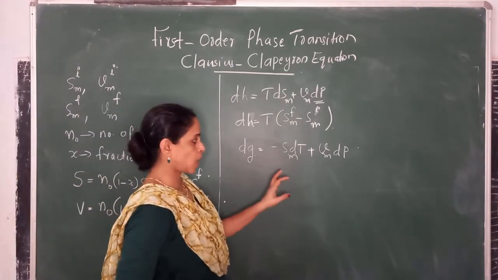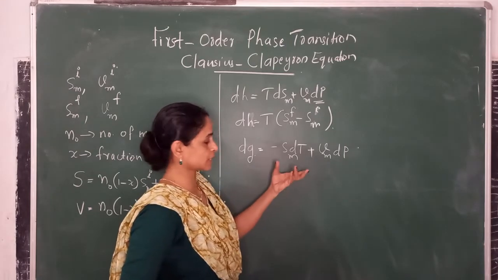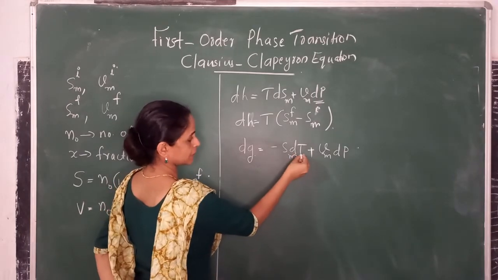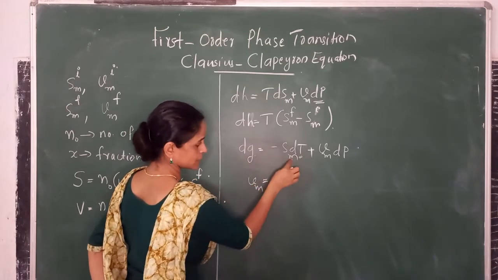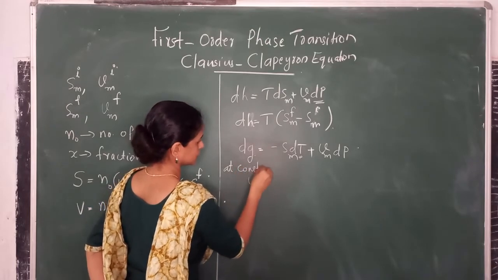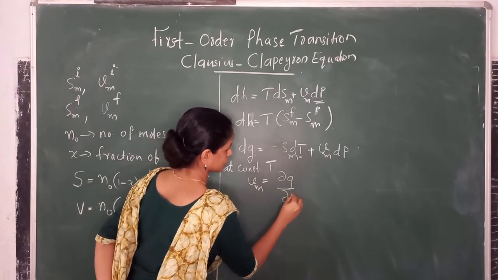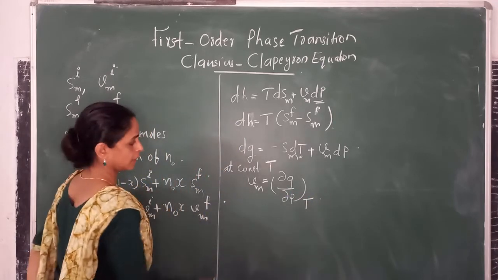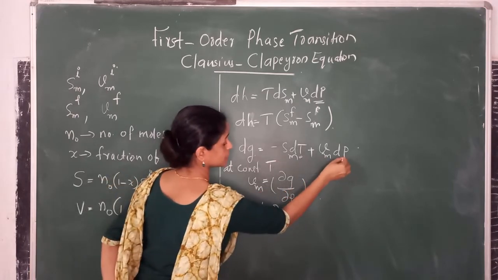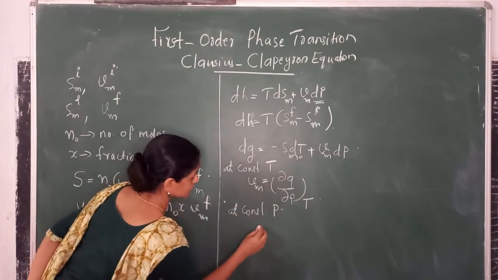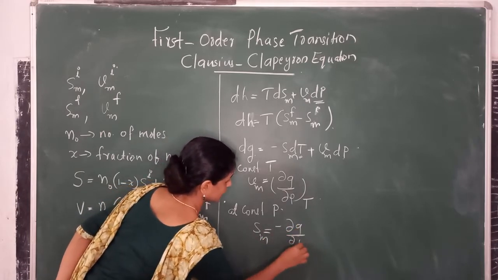At constant temperature, the dT term goes to 0, so Vm is equal to dou G by dou P at constant T. And at constant P, the dP term goes to 0, so Sm is equal to minus dou G by dou T at constant P.